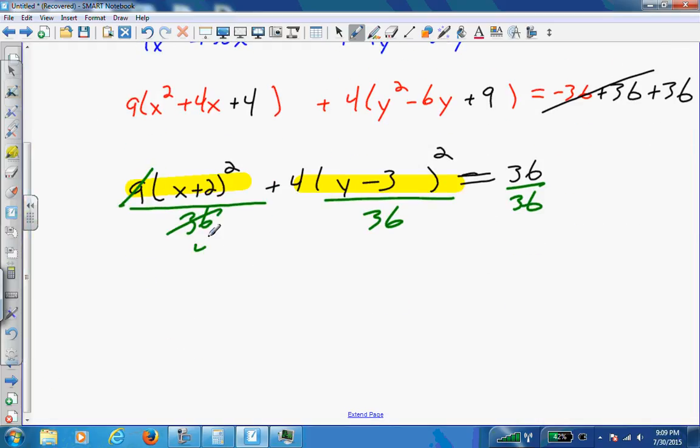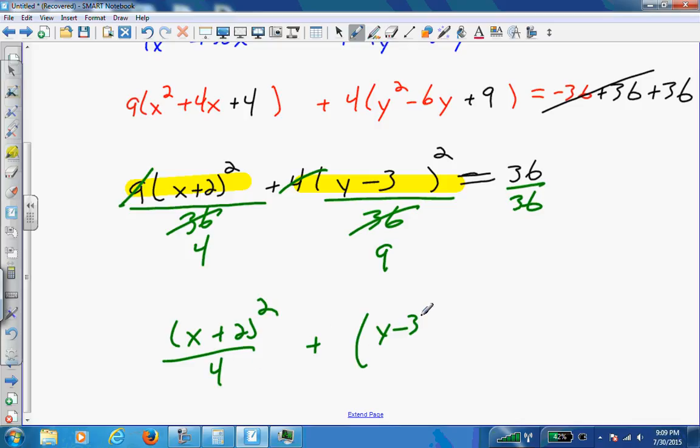So the 9 and the 36 reduce. The 4 and the 36 reduce. So x plus 2 squared over 4, y minus 3 squared over 9 equals 1.